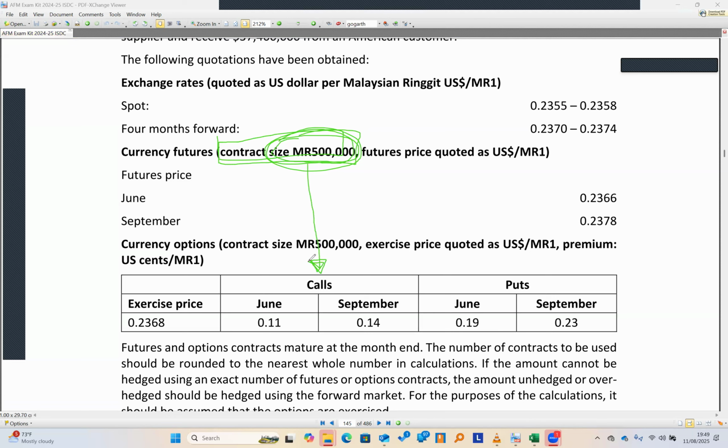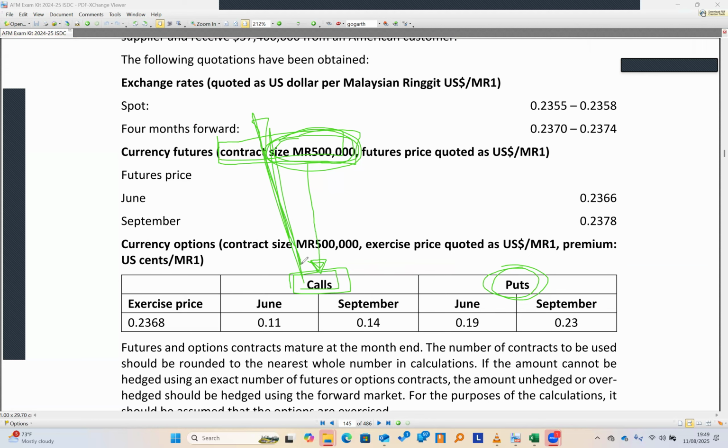I repeat: if we are going to have to purchase the currency which is quoted for the contract size, we purchase call options. On the other hand, if we are going to have to sell that currency, that means buy dollars, then we would use put options. Remember, a call option is the option to buy, and we are buying the currency of the contract. So that's how it should be, easy for you to remember.